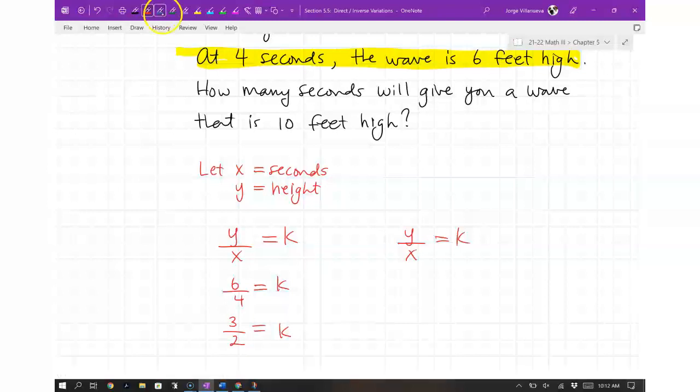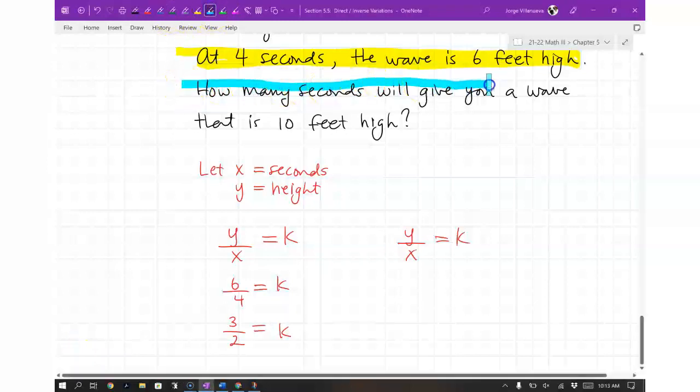Now the next part is, let's look at the other part right here. It says how many seconds will give you a wave that is 10 feet high.